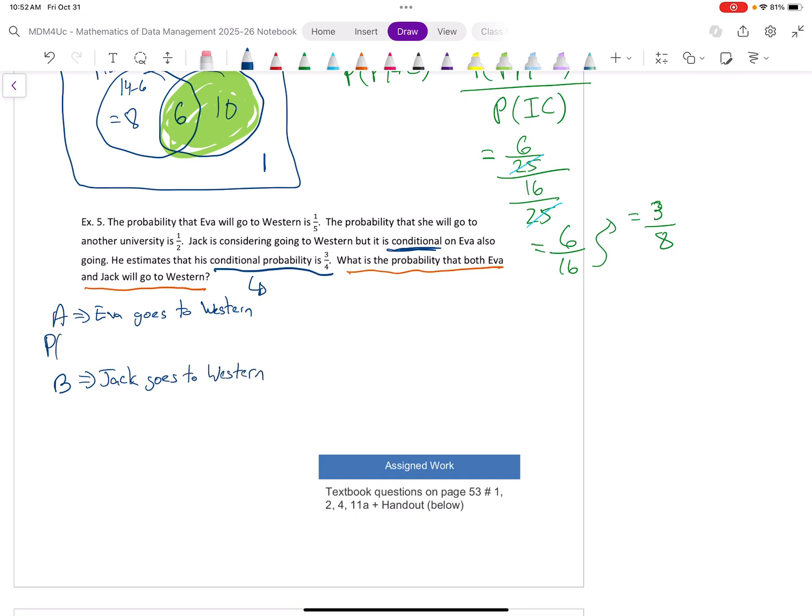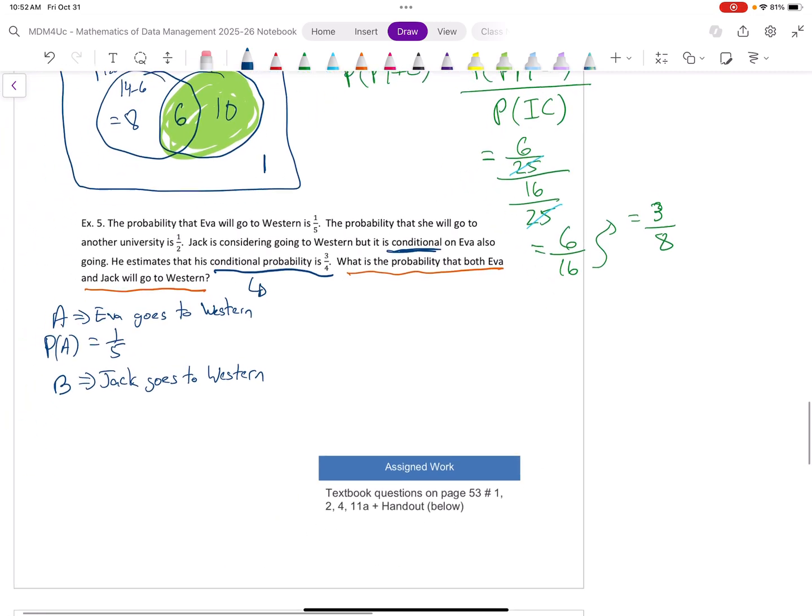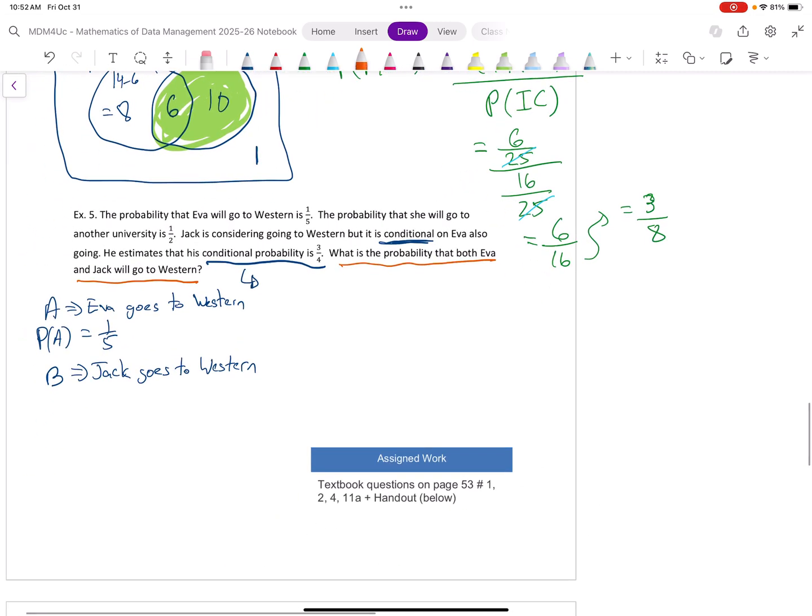The probability of Eva going, we're told, is 1/5. And the other part to this is the conditional probability, which says the probability that Jack goes to Western is based on if she goes. So probability of B given A is equal to this 3/4.